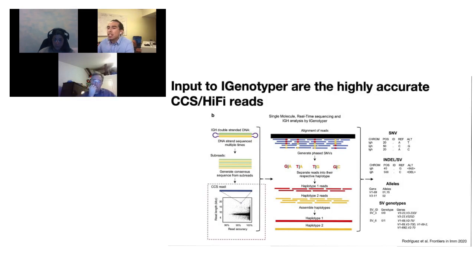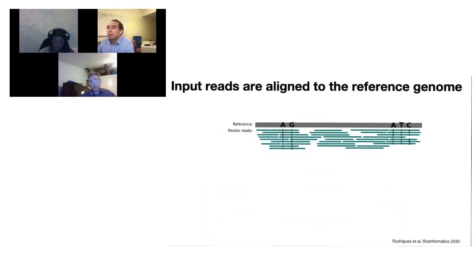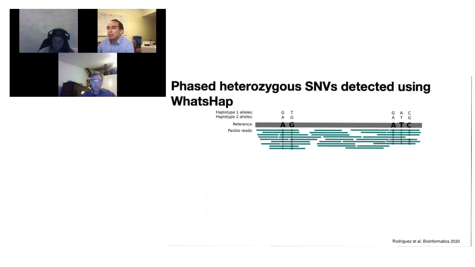The input to iGenotyper are CCS reads, or what is now being called HiFi reads. These long reads that we generate are on average 6 kb long and have a read accuracy ranging from 98.9 to 99%. The first step in iGenotyper is detecting phased SNPs from the CCS reads. This is done by aligning the reads to the reference genome, or IGH locus in this case, and detecting SNVs.